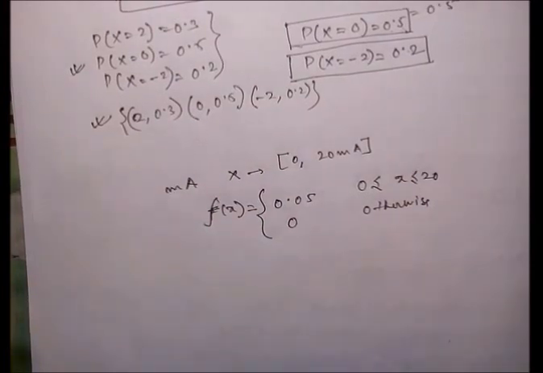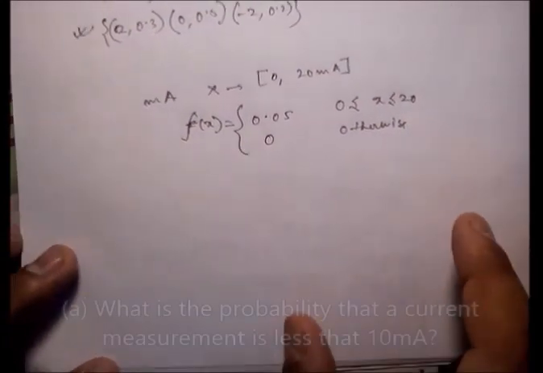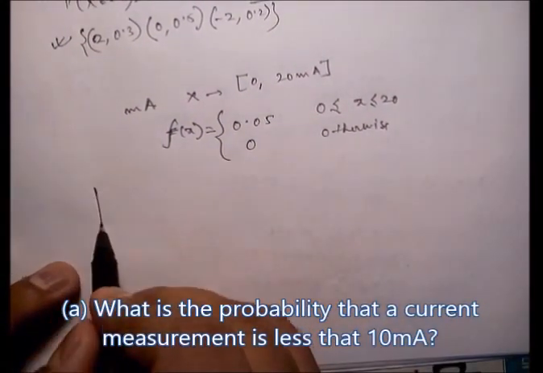So what is the probability that the current measured is less than 10 milliamperes? That is the first question. And the second question: what is the probability that the current measured is between 5 and 20? First of all, to solve this problem, draw the figure.